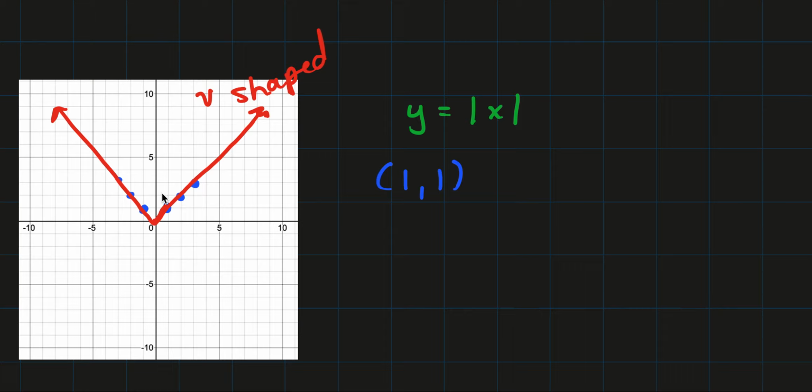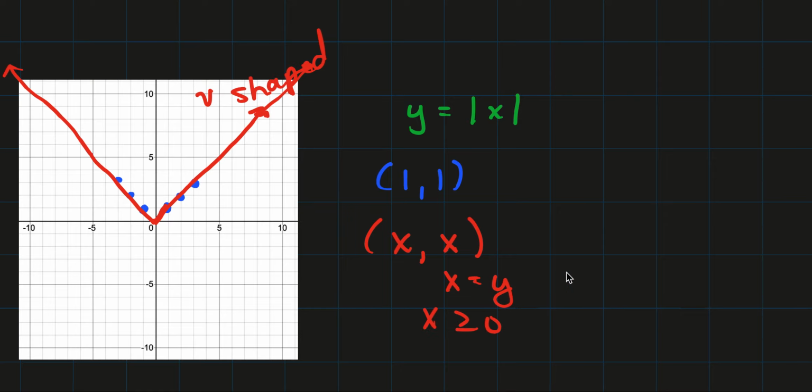So it's V-shaped. And whatever you plug in for x, you're going to get the same thing for y. So y is going to be equal to x if x is greater than or equal to 0.